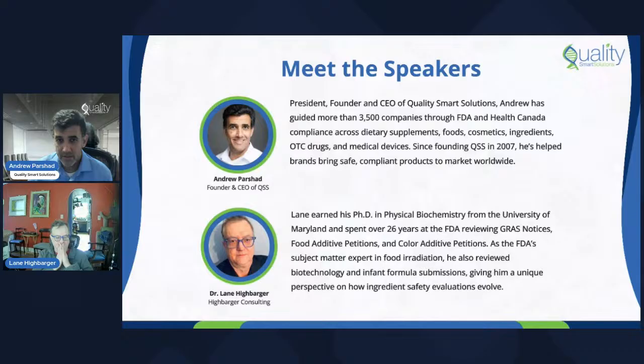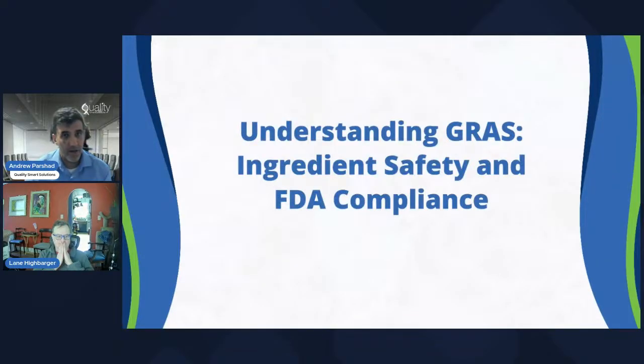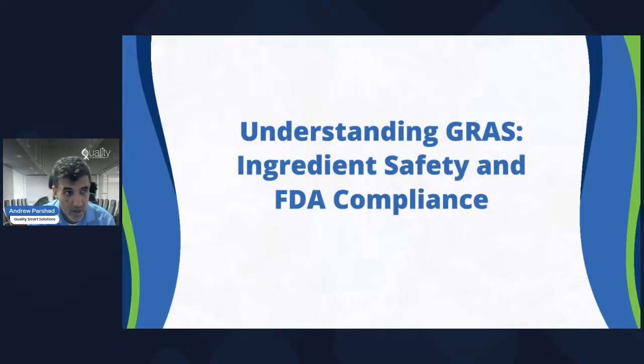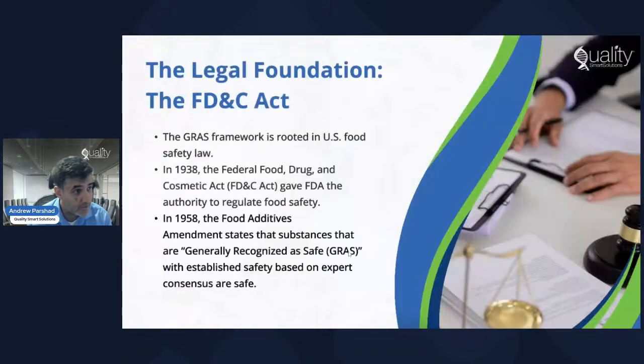All right, so let's jump into it. A little bit of a background here on the legal foundation in the FD&C Act. So the foundation of the GRAS framework comes directly from the U.S. Federal Food Safety Law. In 1938, the Federal Food, Drug, and Cosmetic Act, known as the FD&C Act, was established, and that gave the FDA broad authority over food safety, including oversight of ingredients added to food.